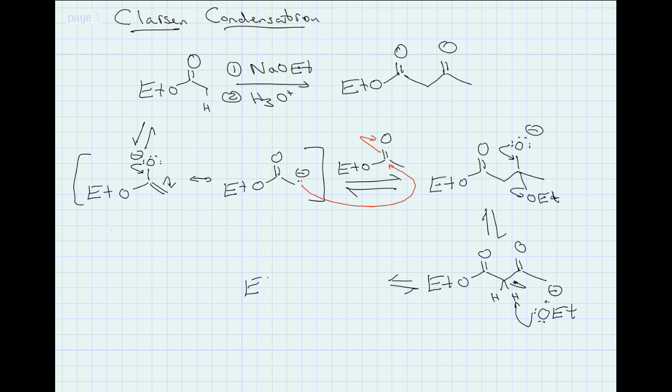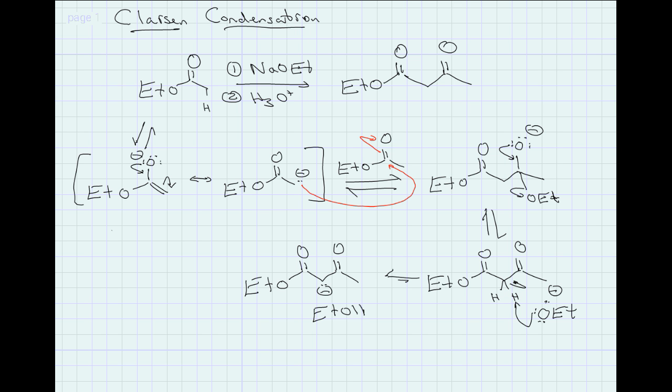So if I draw this back out, actually I should redraw these arrows. Let me redraw them like this. So our equilibrium is actually going to lie to the side of our product. We have very little bit of this. So let's draw our product out. So we have this, and we have deprotonated, so we'll have ethanol in solution.